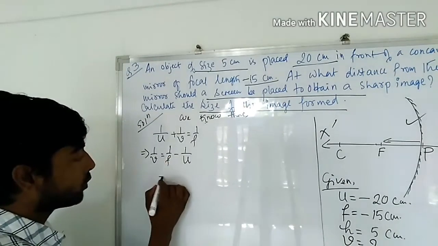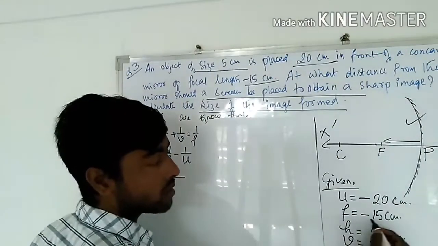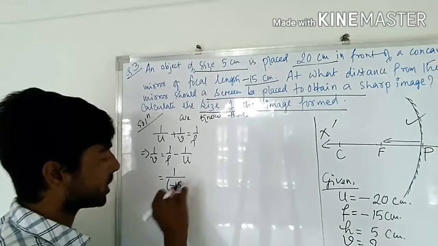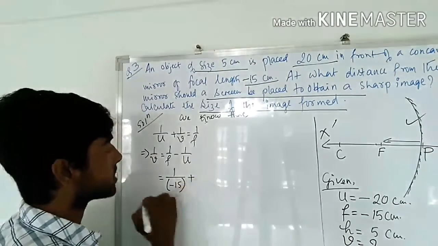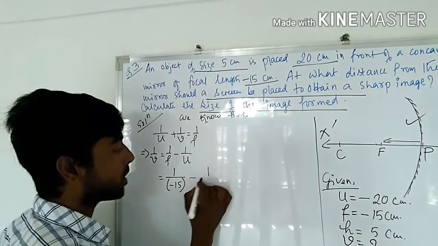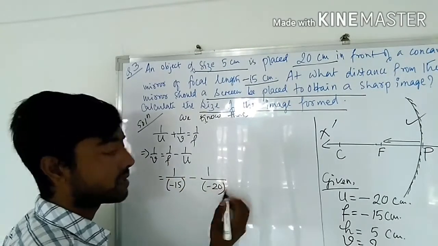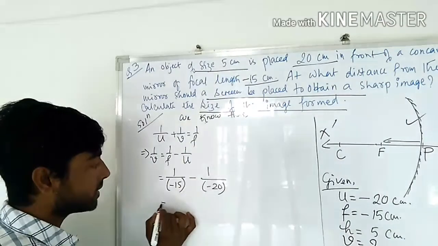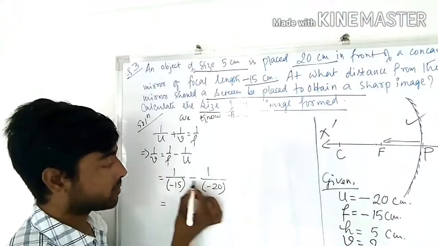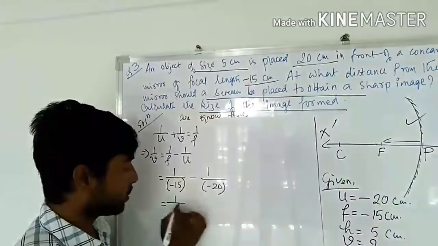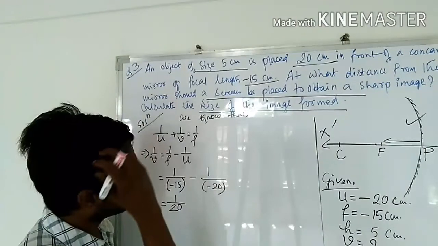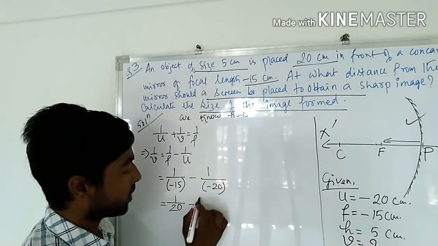Clear? F value given is minus 15, so you will have to write minus 15 here. No need to write centimeter. Minus 1 by u, u value minus 20. Minus will become plus. So can I write this 1 by 20? Yes, we can. So this is 1 by 20, and then what we have to do? This is minus 1 by 15.